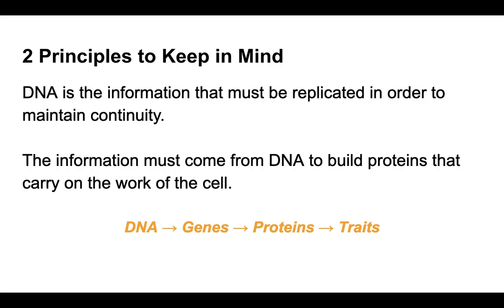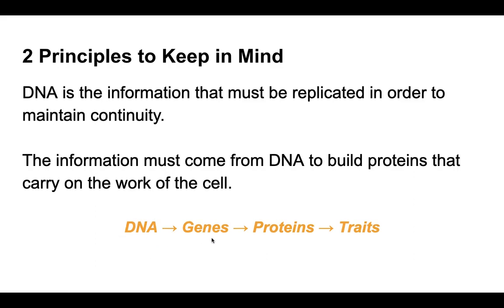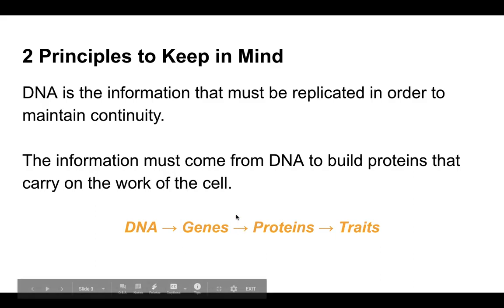Now, if we were to look at the sequence of these terms, how are they related to one another? DNA carries the information, and this information is written as genes. So think of genes as the individual letters that come together to build a recipe.